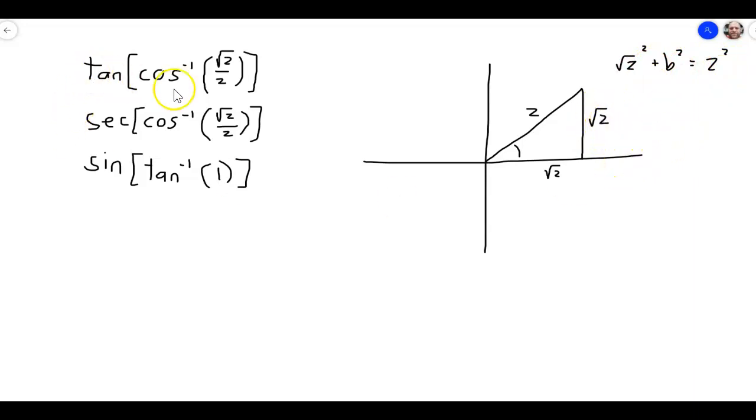So now, once we found that out, this is how we set up the inverse cosine there. The tangent of that same angle there is just going to be, according to SOHCAHTOA, the opposite over adjacent. So that's going to be the square root of 2 over the square root of 2, which is going to be equal to 1. Now, if we check that in our calculator, 1 is not an irrational number, so we should actually get that.